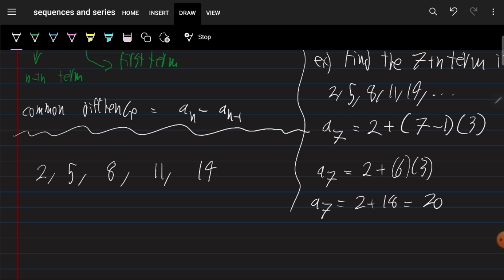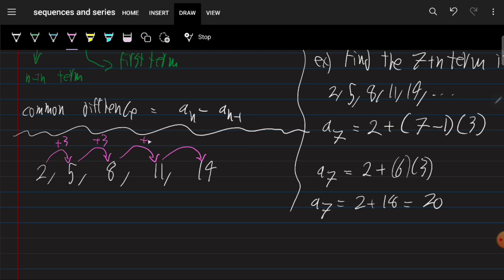So to find any term in this sequence, like the 7th term or 10th term or whatever we want, we can essentially do the following. We know that the separation between all of these numbers is the same. In our case, it's plus 3.